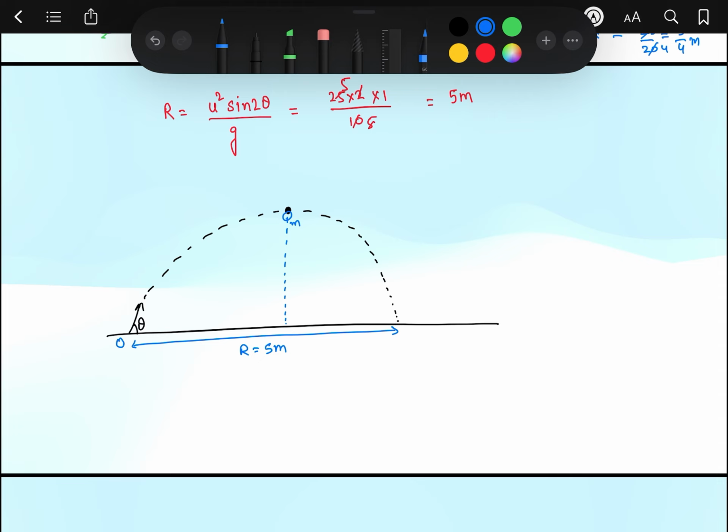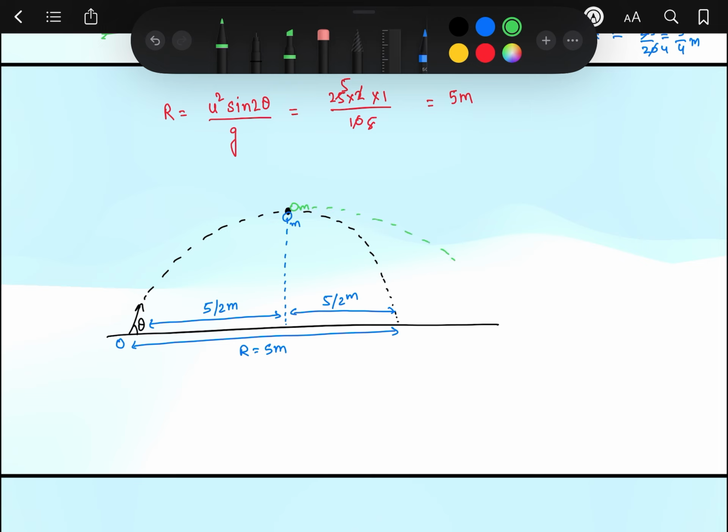This was the point O, and this half length will be equal to 5 by 2 meter, and this length will also be equal to 5 by 2 meter. Now another part of mass m is falling like this. Let us suppose this is the position of this another mass m2. This was particle 1, this was particle 2, so this is the position of 2. We have to find out this extra distance. Let us suppose it is x dash.